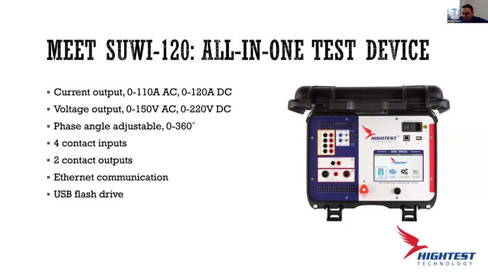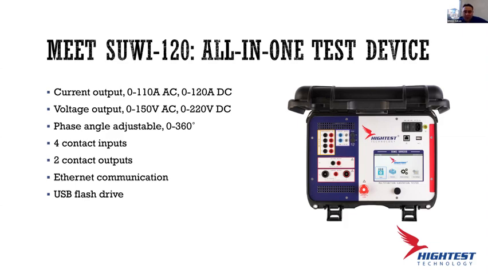So in this part of my presentation, I am going to talk a little bit about our SUVI series. Basically, SUVI is a multifunctional test set. It can apply up to 110 amp AC, 120 amp DC, and the voltage output is 150 volt AC and 220 volt DC.